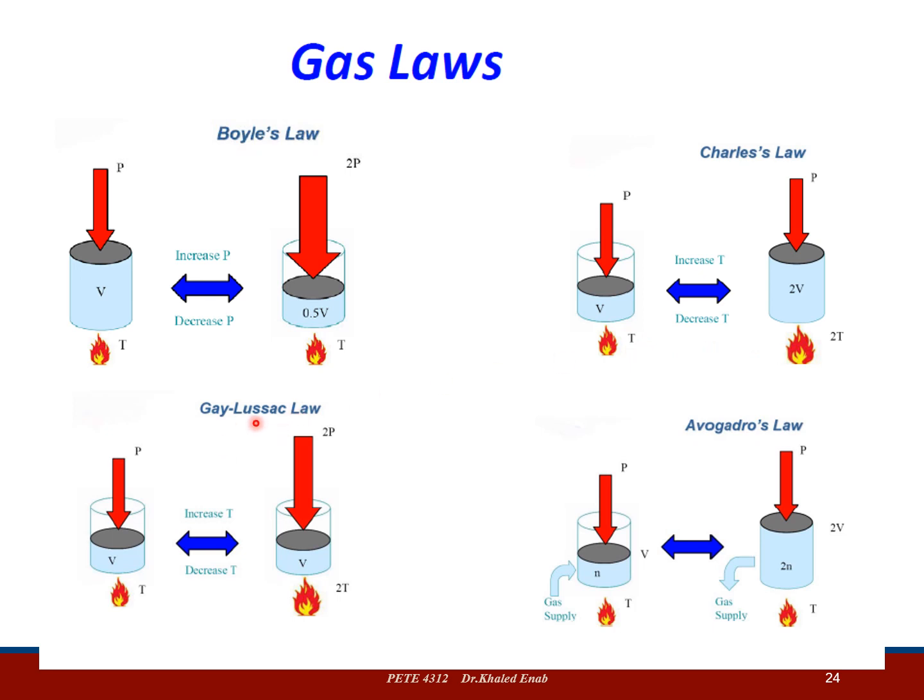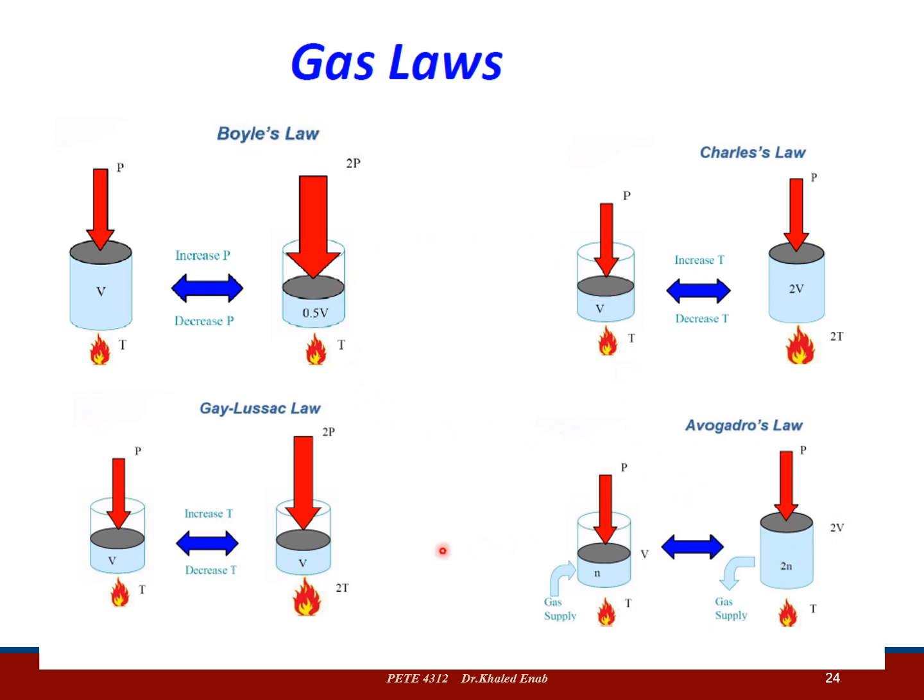In Gay-Lussac's law, we have a constant volume, and we want to see how the pressure will respond to a change in temperature. And in Avogadro's law, we consider the number of moles. At constant pressure and temperature, what's the relation between the volume and the number of moles?